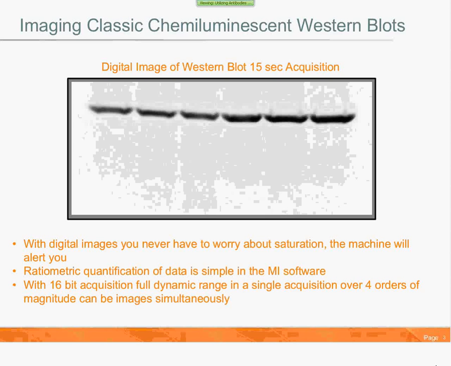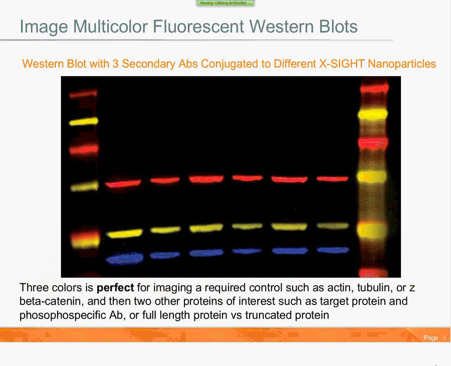Many of these same principles apply when you go over to fluorescent Western blots. With the Pro, you can readily utilize up to 3 fluorescent reporters for imaging, if you're interested in imaging 3 antibodies. You could utilize your first 2 colors for looking at changes in protein levels or phosphorylation of those proteins, and then that third color, which would have to be imaged in the green, for a very bright, robust loading protein like actin or tubulin.